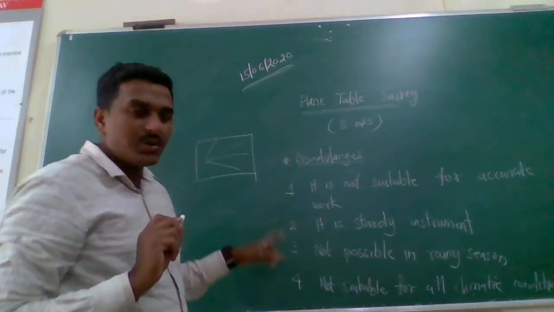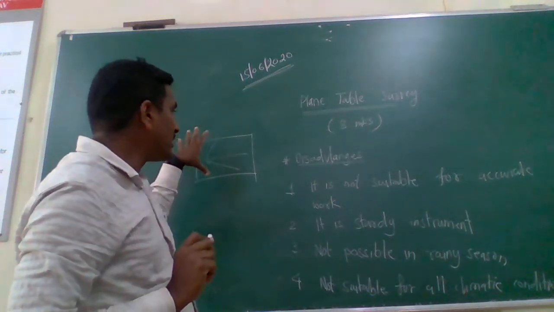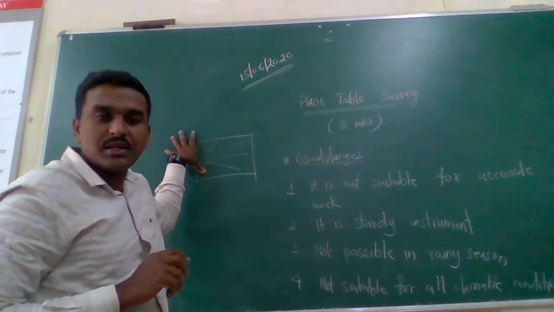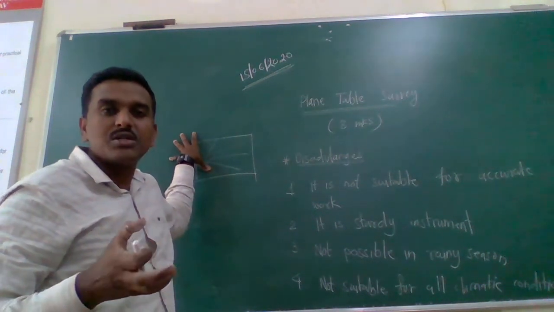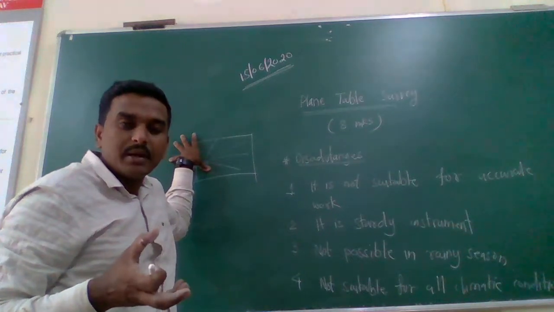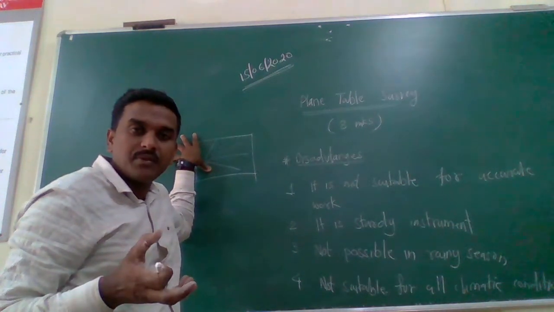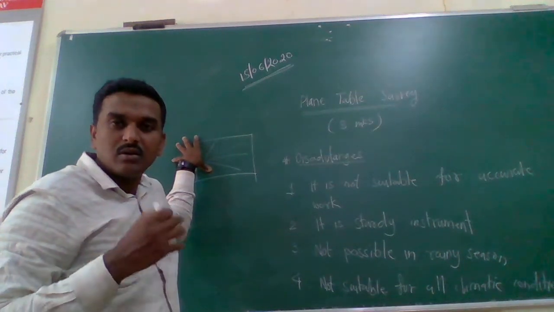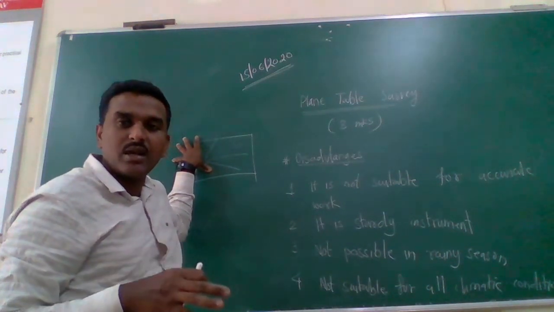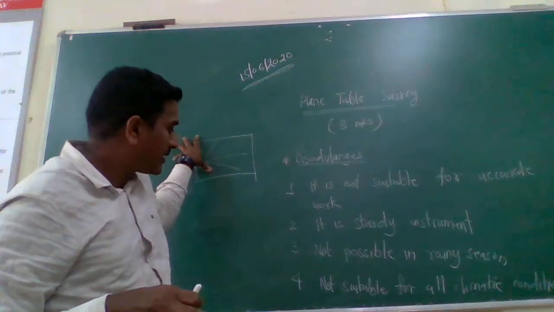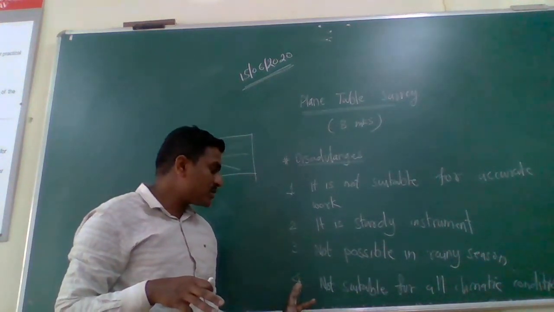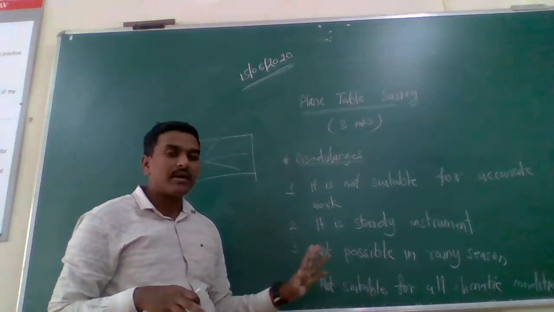If there is heavy wind, the instrument may vibrate because of the wind, and there will be total damage to the work carried out on the site. So this is the fourth disadvantage, that it is not suitable for all climatic conditions.